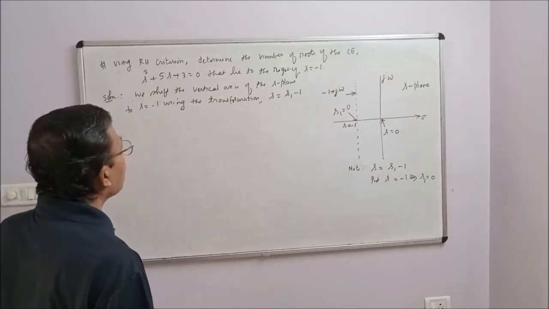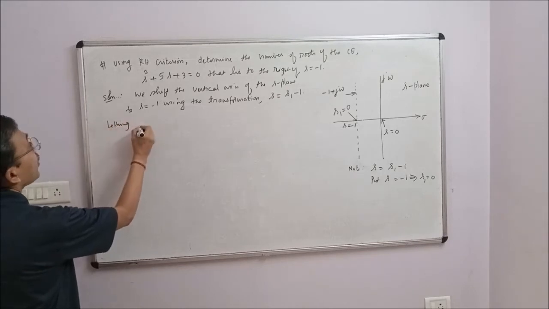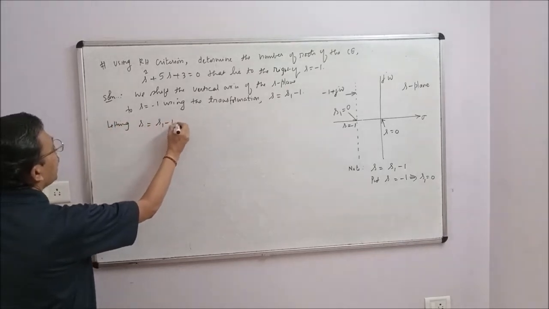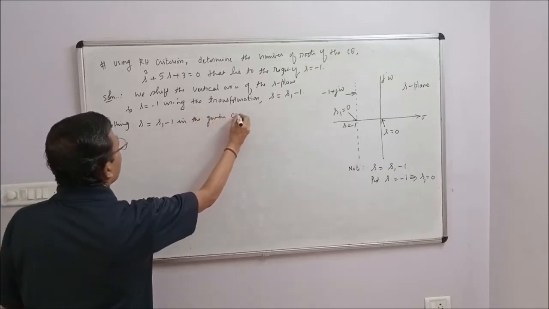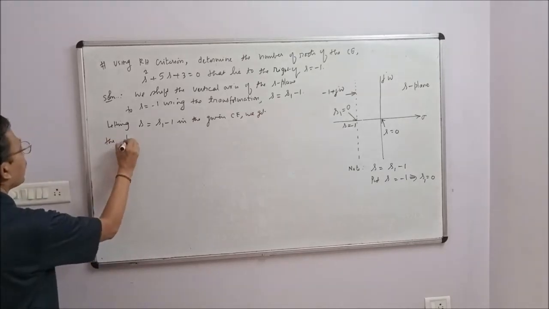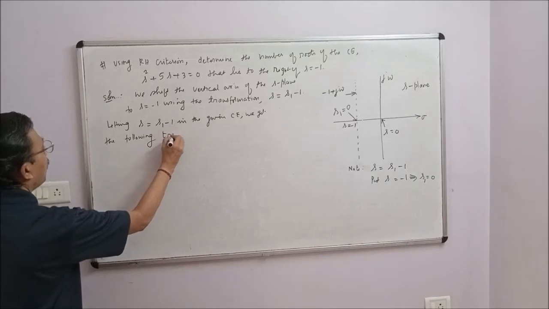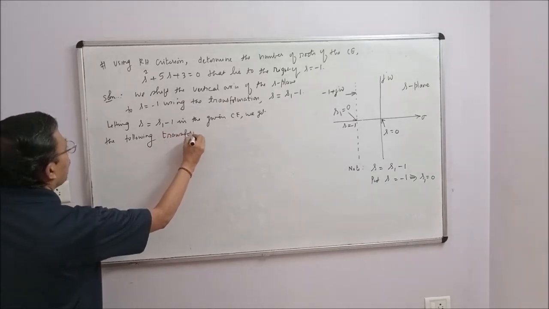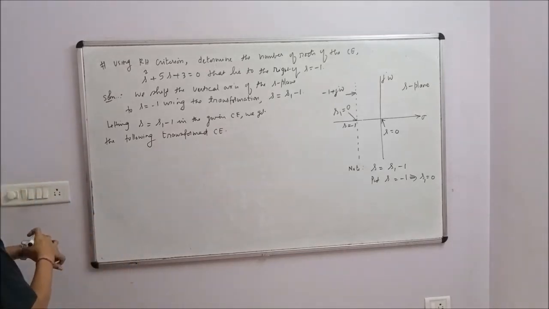Next, what I will do is letting S is equal to S1 minus 1 in the given characteristic equation, we get the following transformed characteristic equation. What is it?